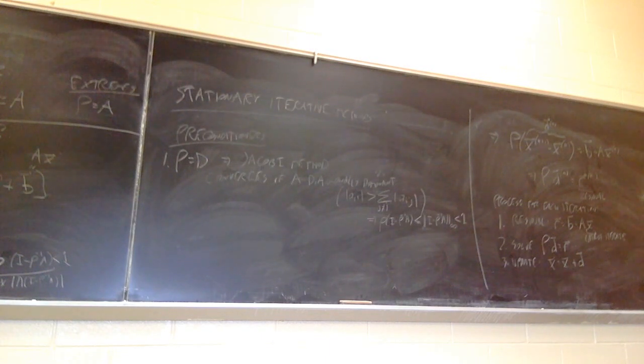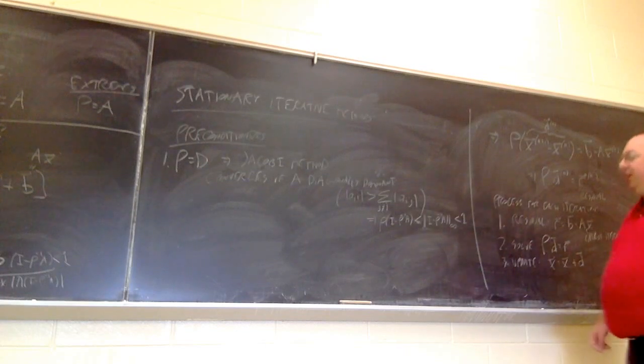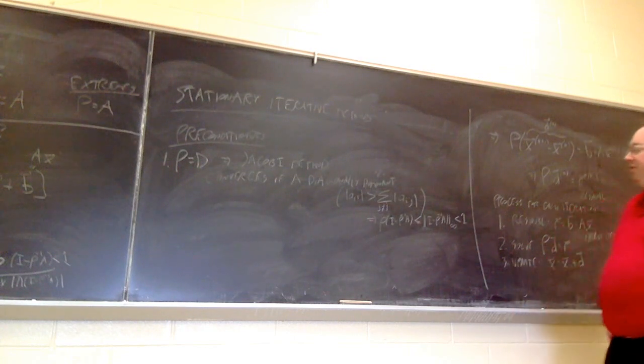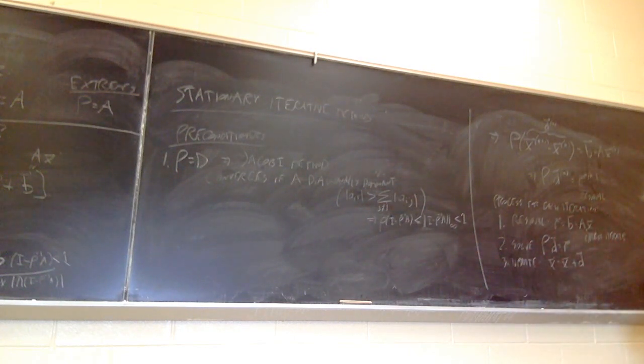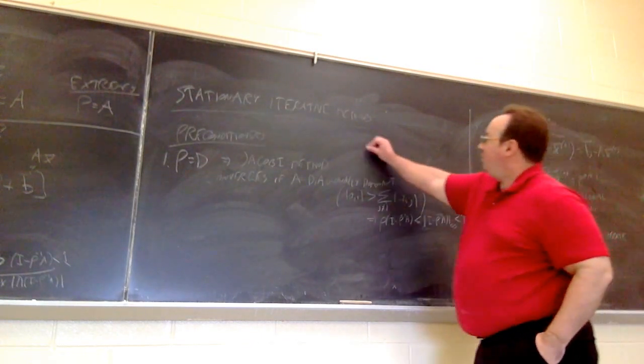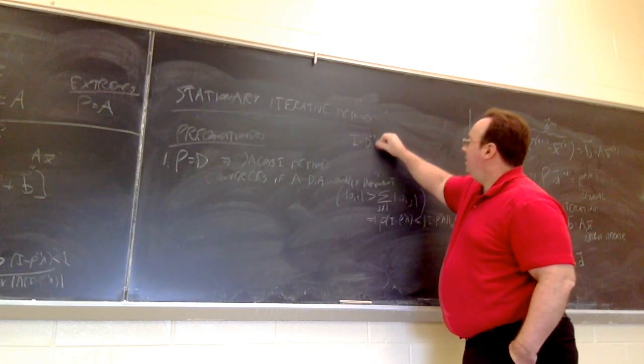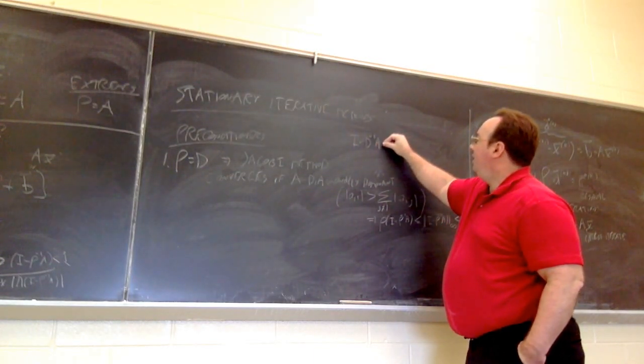You sum the absolute values of all the entries in each row. You take the largest one. That's the matrix infinity norm. So since D is diagonal, you can easily write down what the inverse is, and what you end up getting is you actually write down what identity minus D inverse A is.